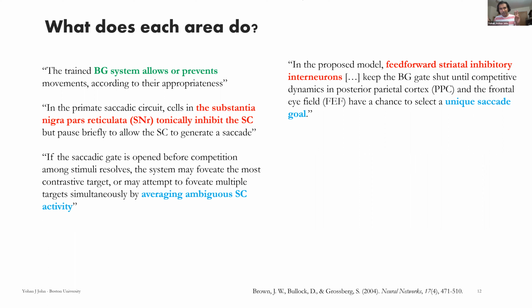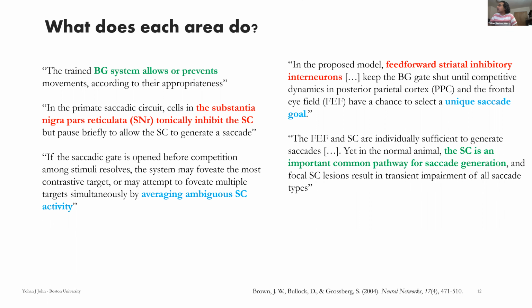So I like this view from the striatum way of thinking. FEF and SC are individually sufficient to generate saccades, but in the normal animal, the SC is an important common pathway. So the SC is the main saccade generator, and there's more infrastructure behind it to regulate no saccade, basically, preventing it from happening.